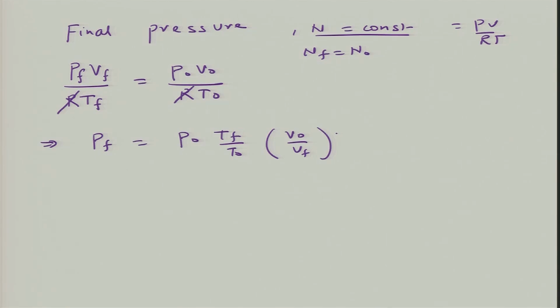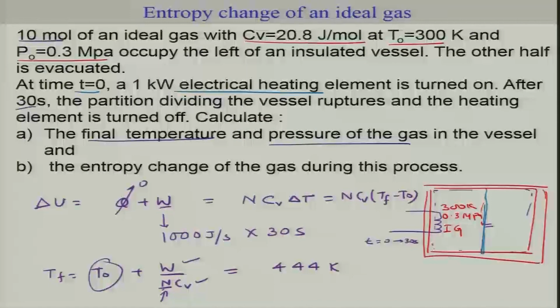Okay. So let us look at again this. So essentially what I am going to consider is that the initial volume which is occupied by the gas is actually half of the final volume. So essentially my system is not going to be this, but rather this.